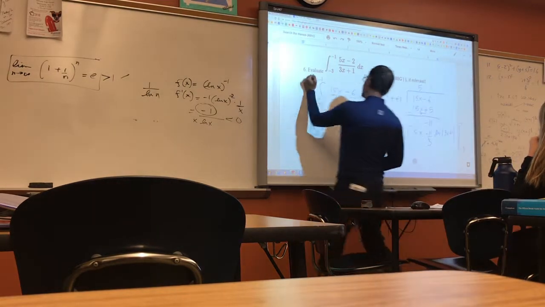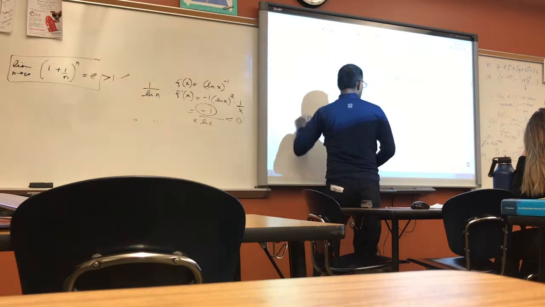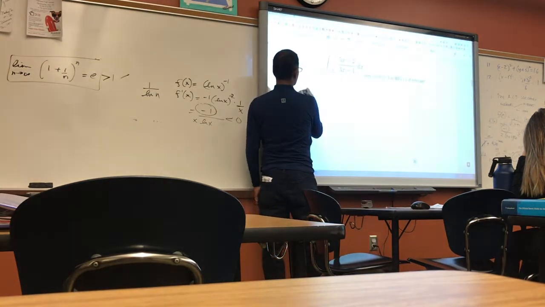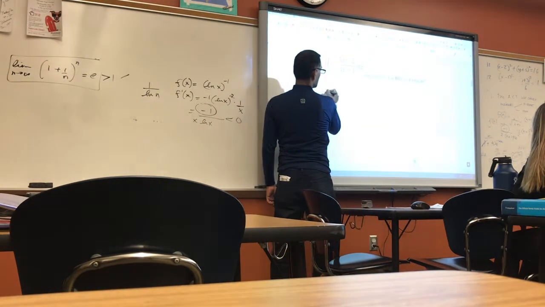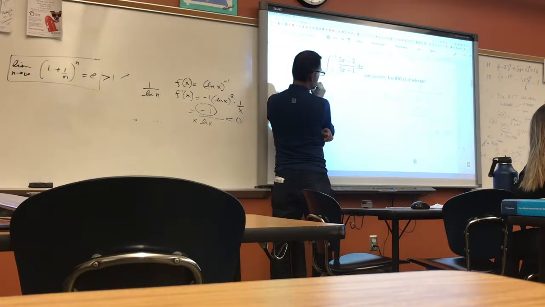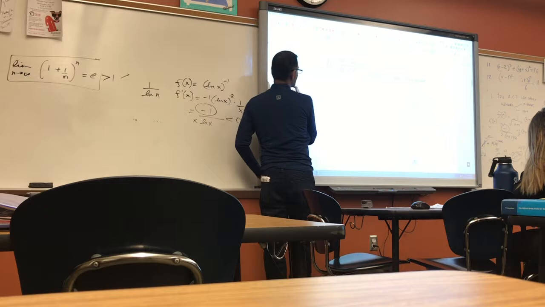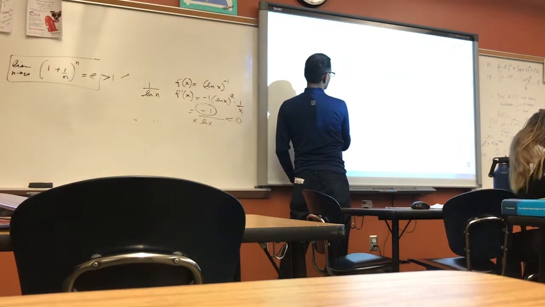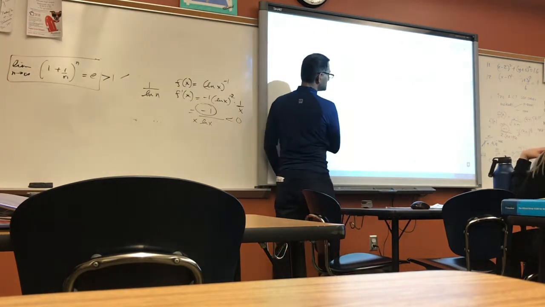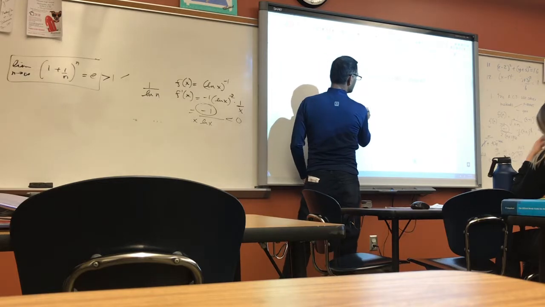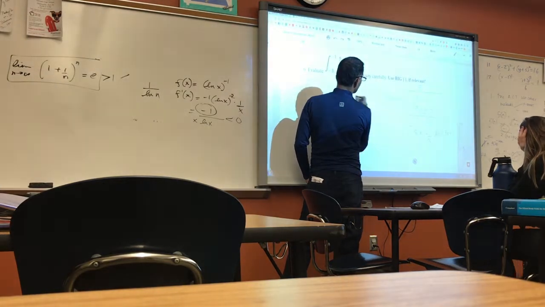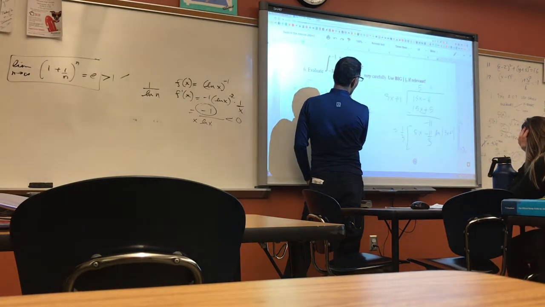Slow and steady, slow and steady. 5 times, so the first term, -1/3 ln 2 minus, parentheses, -15 minus 11/3 ln 8.